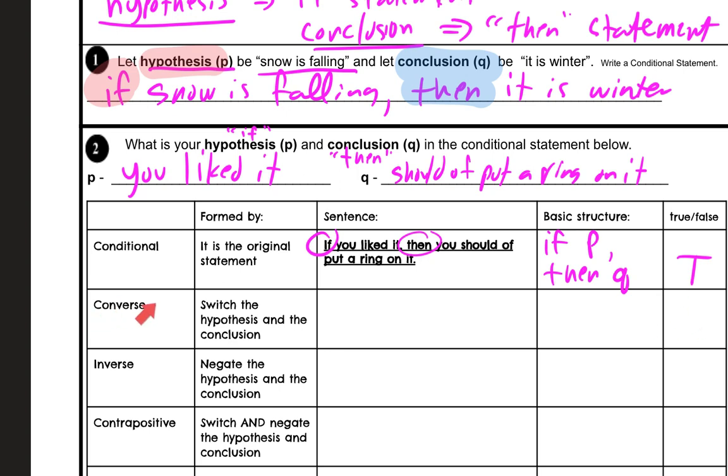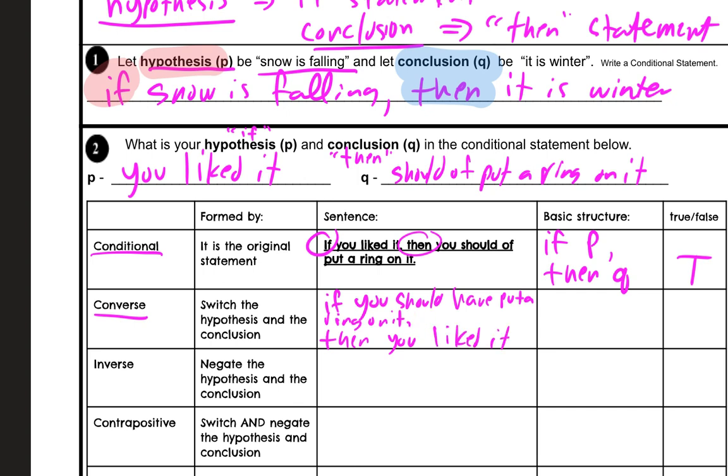All right, next we have converse. These are the vocabulary words you need to know. Converse means we switch the hypothesis and the conclusion. So we're going to swap them, just switch the order. So we're going to say if you should have put a ring on it, we're going to put that first, then you liked it.